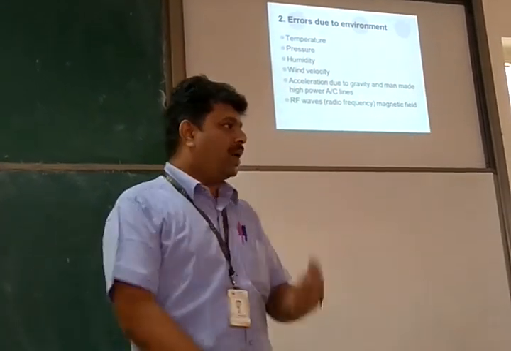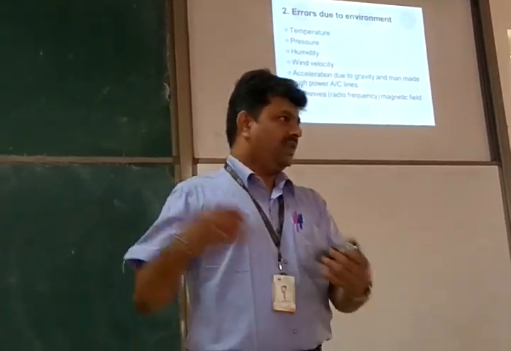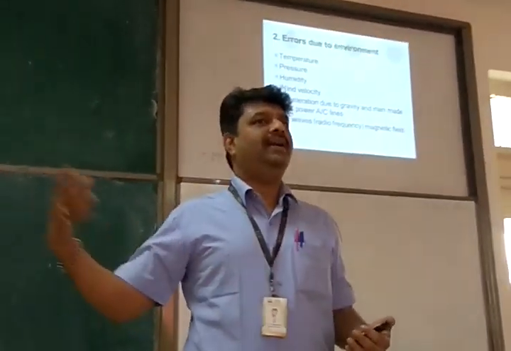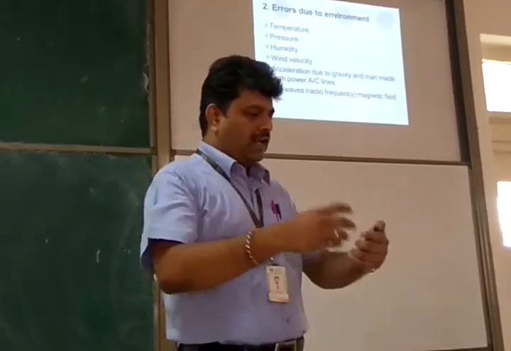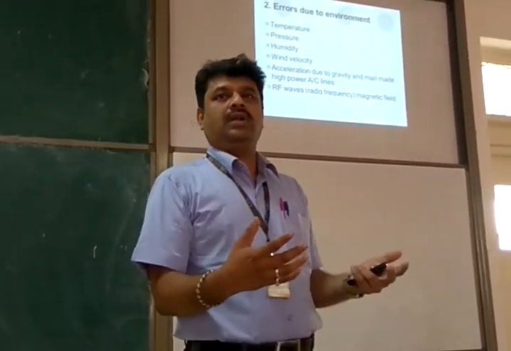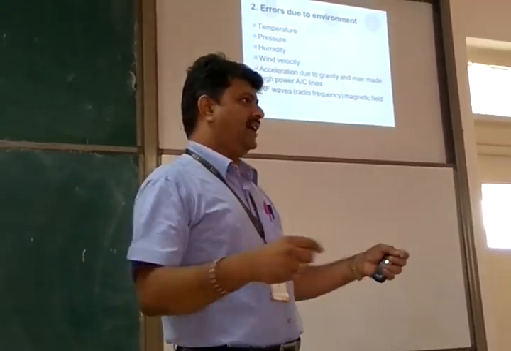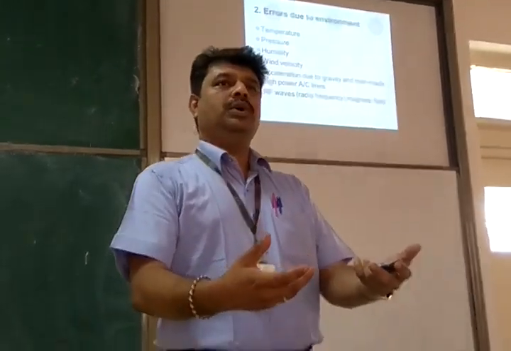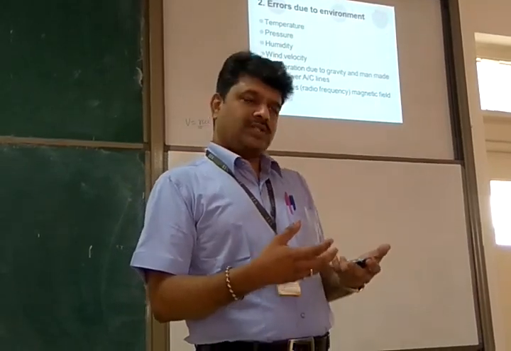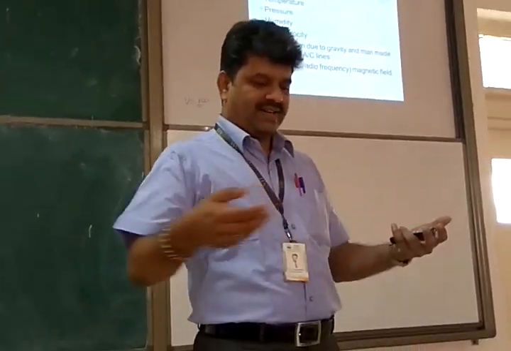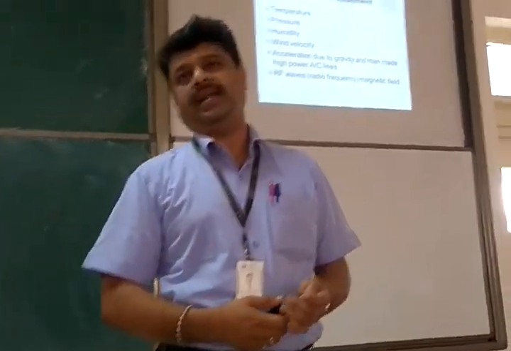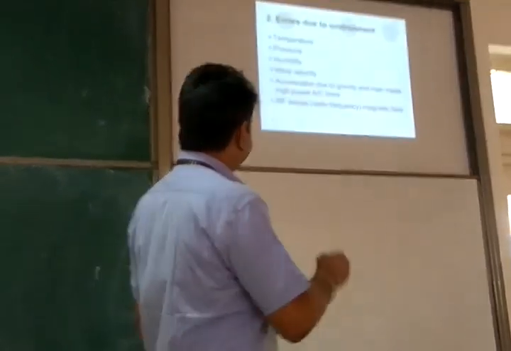Inside the junction box, 240 volt, 50 hertz Tamil Nadu Electricity Board current is flowing, and if you take a reading near that, there will be an EMF set up around it. Any current-carrying conductor will have an EMF around it. If you take a reading close to that EMF, there is every possibility that your sensor wires or cables transmitting the signal get disturbed by that electromagnetic force. You get a wrong reading. It can introduce an error.